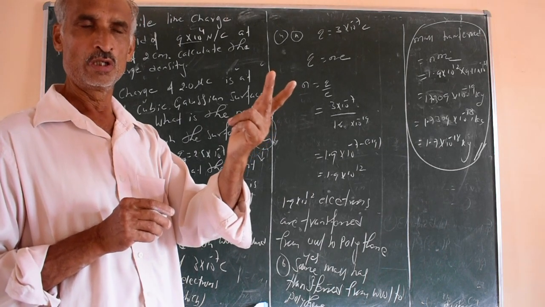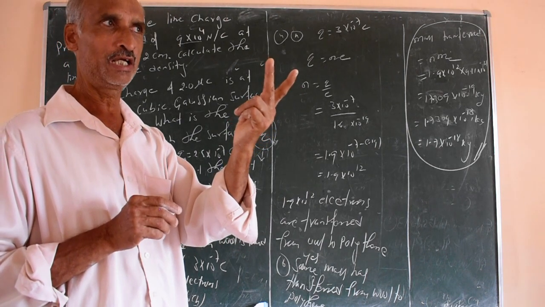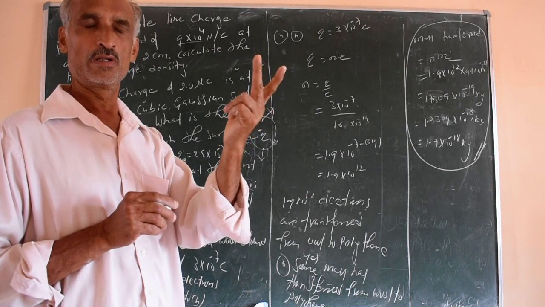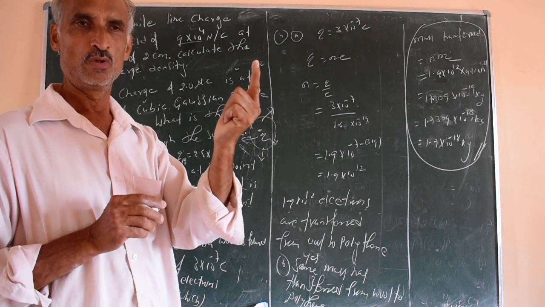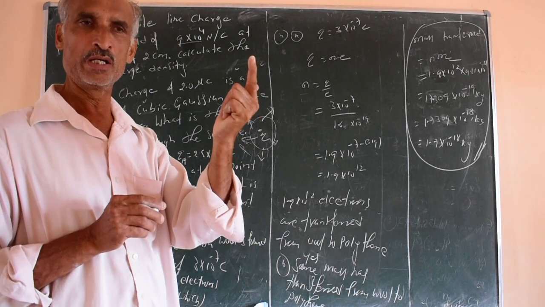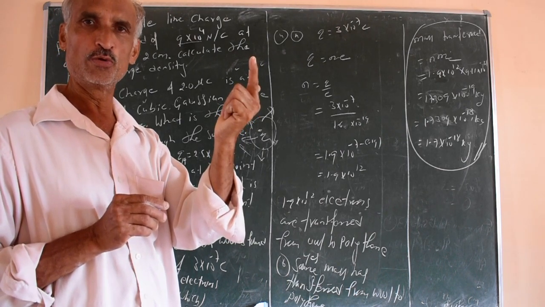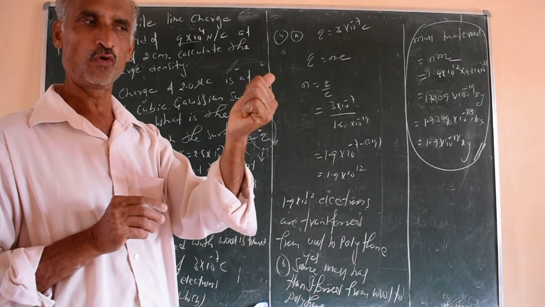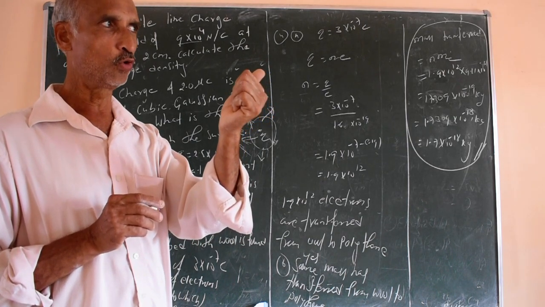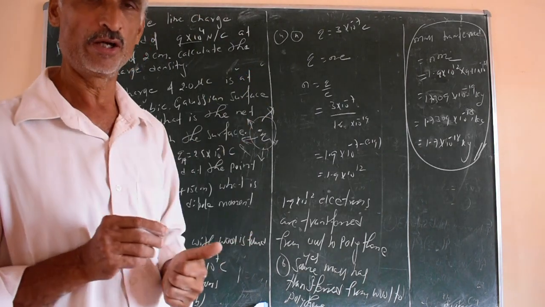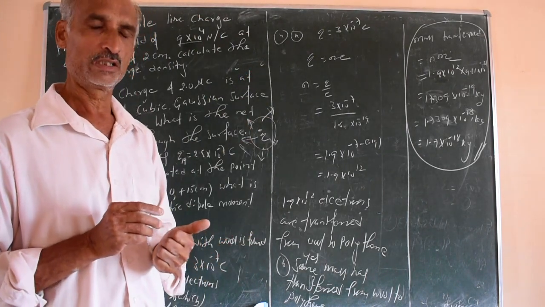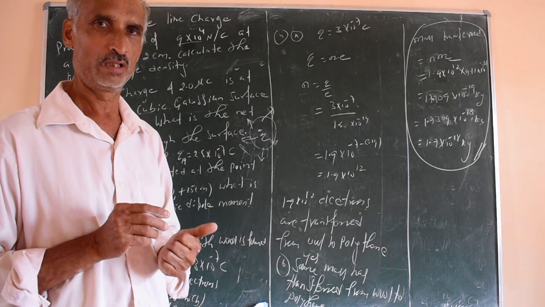Third, electric field due to a uniformly charged infinitely long wire conductor: E bar is lambda upon 2 pi epsilon naught r into n cap. And the fourth is electric field due to a uniformly charged infinitely long plate: E bar is sigma upon 2 epsilon naught into n cap.